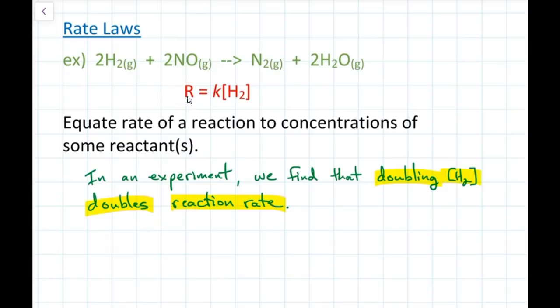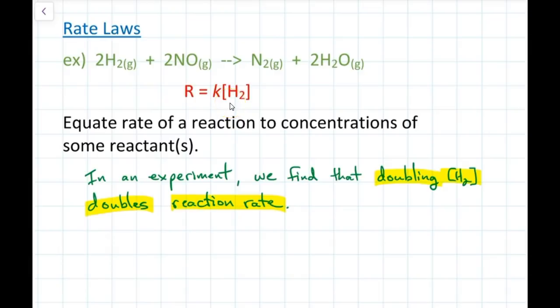It's saying that rate is equal to, and if you remember back to talking about gases, that lowercase k is just a proportionality constant. Basically, it's just a number, some number that's going to be constant. It's not a universal constant, but it's going to make the statement true. Because if we just said rate equals concentration of hydrogen, that wouldn't be true. The two numbers would not be equal, but they're proportional to each other.